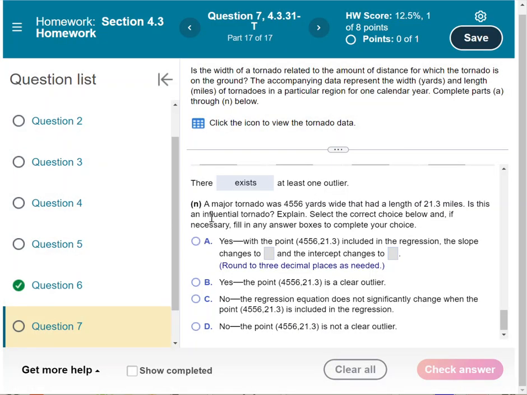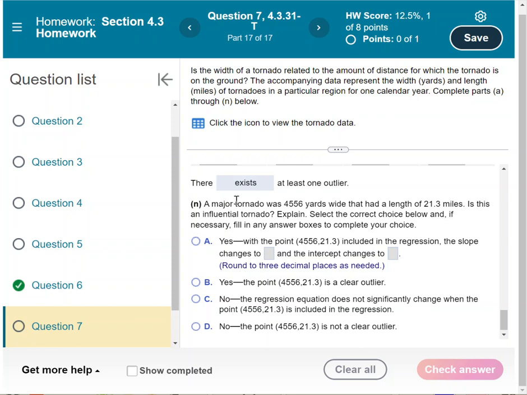All right, so it says a major tornado was 4,556 yards wide that had a length of 21.3 miles. Is this an influential tornado? Explain. Select the correct choice below, and if necessary, fill in any answer boxes to complete your choice.